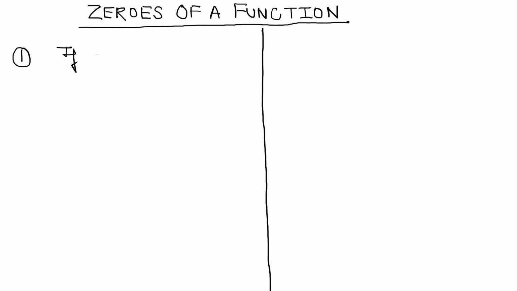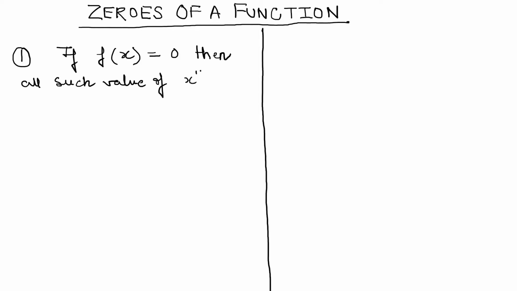if f(x) is equated to 0, then all such values of x that we get. All such values of x here means what? The domain values.